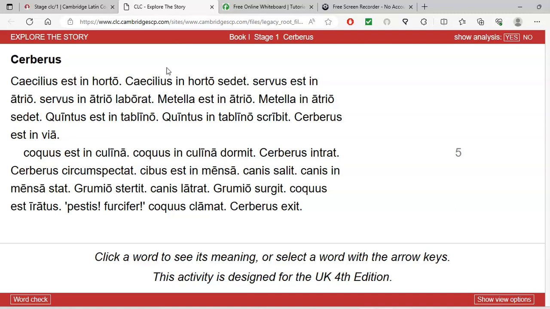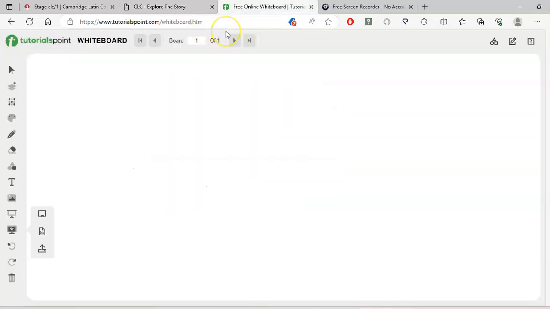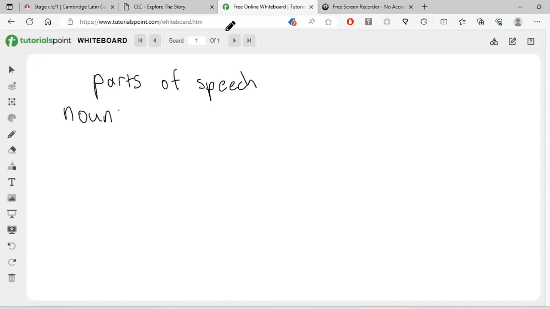We'll look at some of the types of words called parts of speech. So we have nouns, they're the naming words. We have verbs, they're like the core of the sentence.